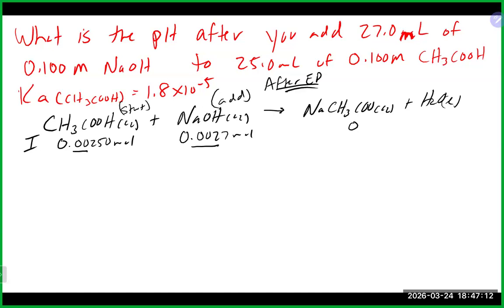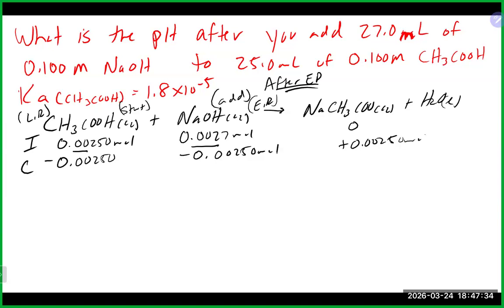That also should tell you that we're going to have that switch we've been talking about. In this case, because the acid now has fewer moles than the base, the acid is going to be the limiting reagent. Our change is minus 0.0025, minus 0.0025, and plus 0.0025 moles.